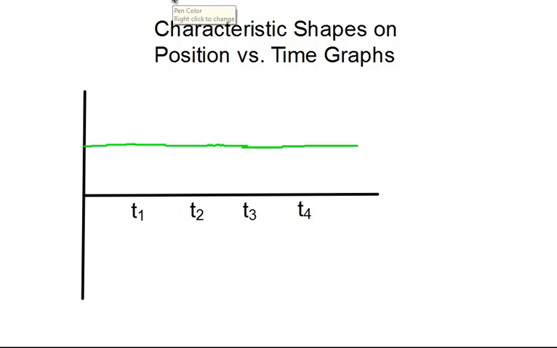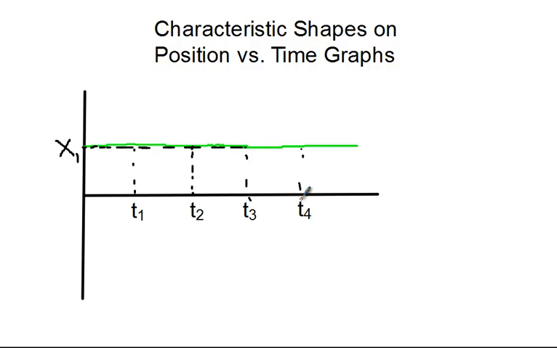If we call this position x1, how is position changing over time? You're right, it's not changing. If we were to look at the object's position at t1, it's still at x1. At t2, still at x1. At t3, still at x1.